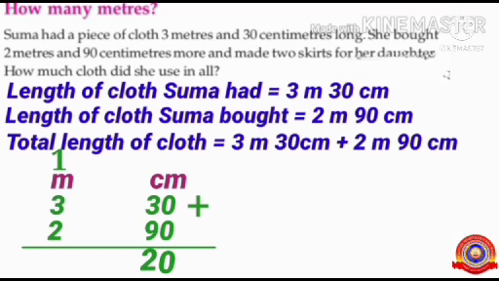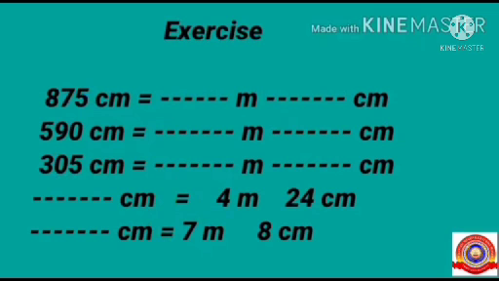Then add the meters. 3 plus 2, 5, 5 plus 1, 6. That is 6 meters 20 centimeters. So total length of cloth equals 6 meters 20 centimeters. You should do this exercise question in your rough note.